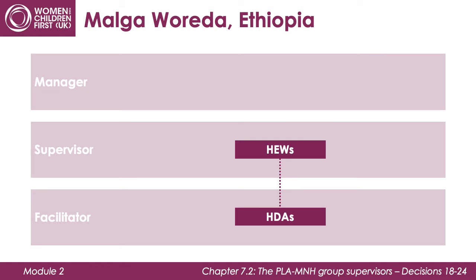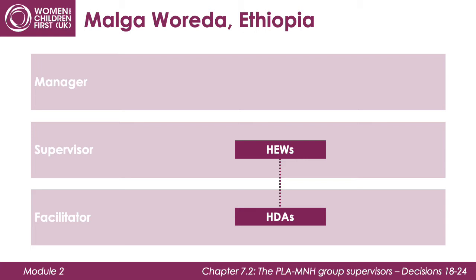A good example is from our program with the Family Guidance Association of Ethiopia, where the PLA-MNH group facilitators were Health Development Army leaders, or HDAs for short, the cadre of CHV in Ethiopia. In this setting, the supervisors were health extension workers, or HEWs for short, a cadre of health staff sitting at health post level and responsible for supporting and supervising the HDAs in their facility catchment populations.